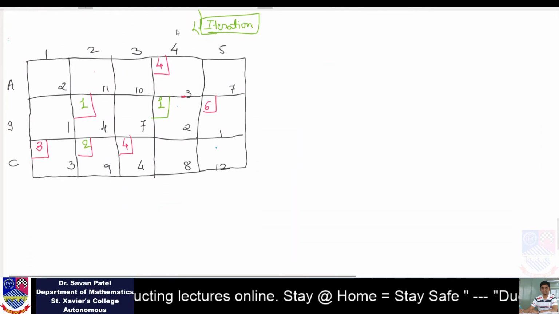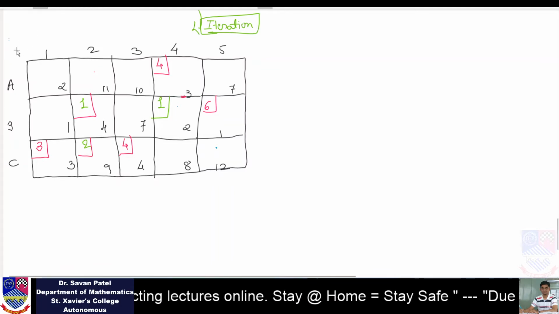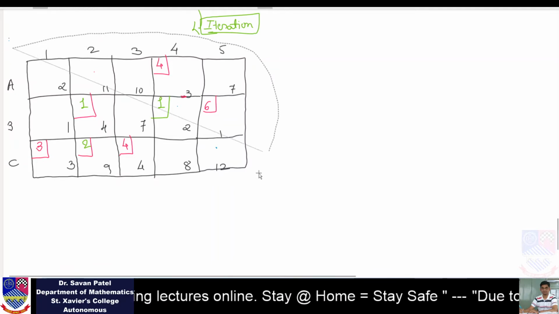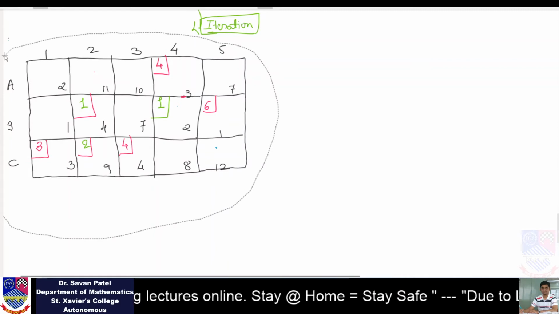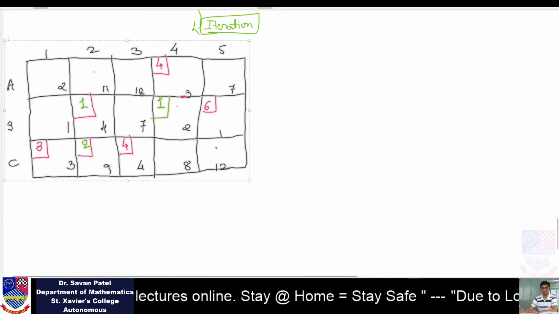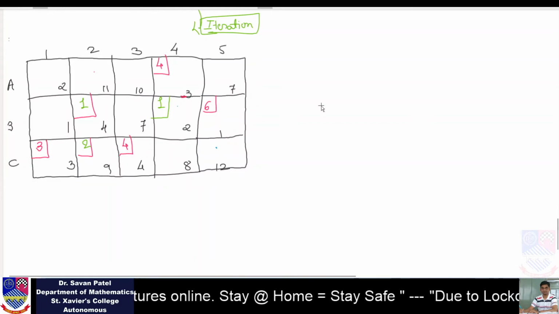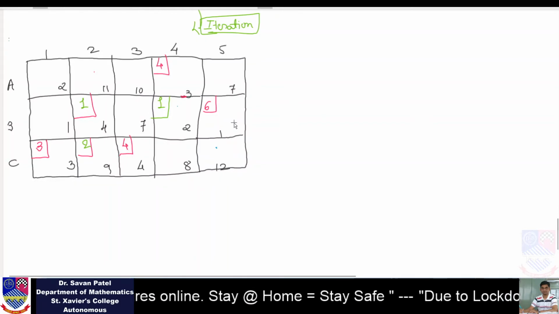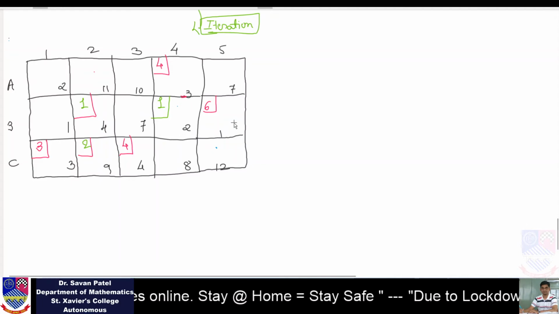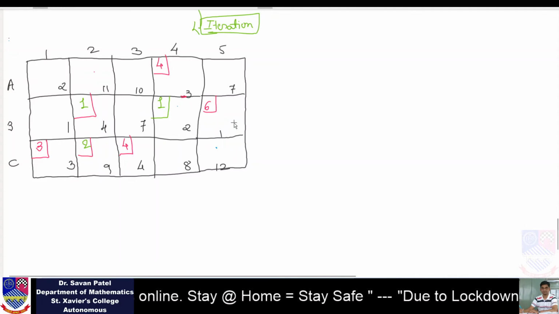But you cannot guarantee that this is our optimal solution, so all you have to do is again apply the stepping stone method to check whether this solution is optimal. The application of the stepping stone method in continuing this will be done in the next lecture.